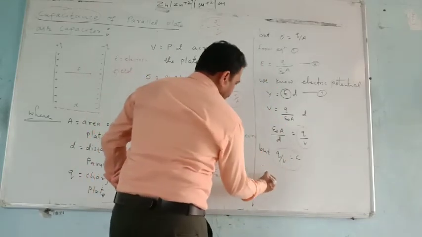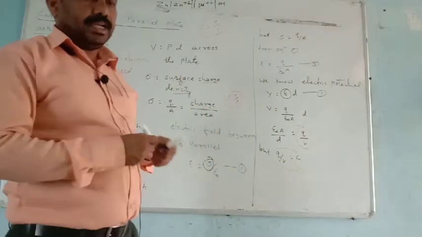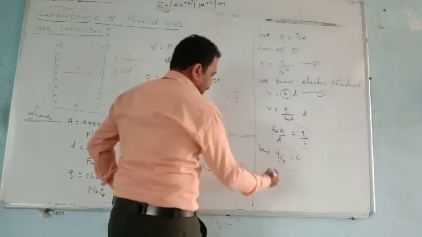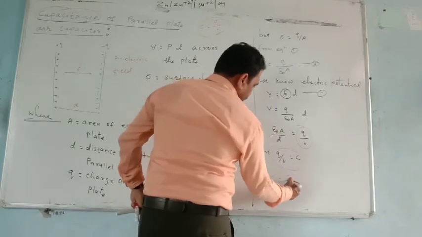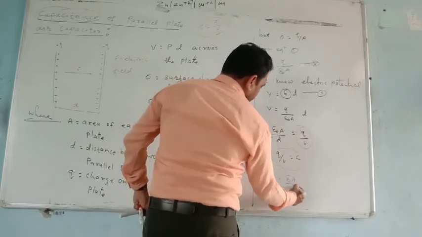Therefore we can write capacitance is exactly equal to epsilon naught into A upon D.